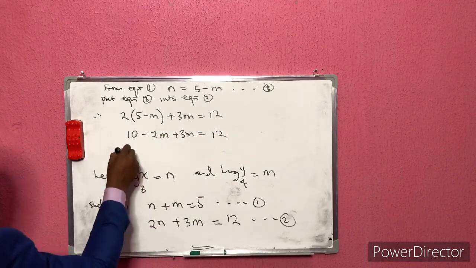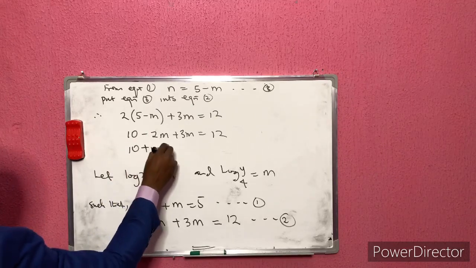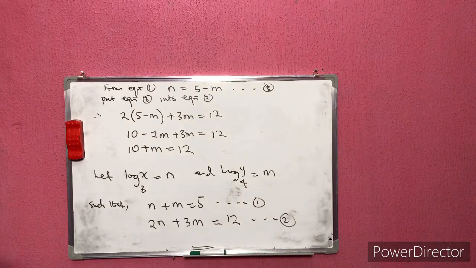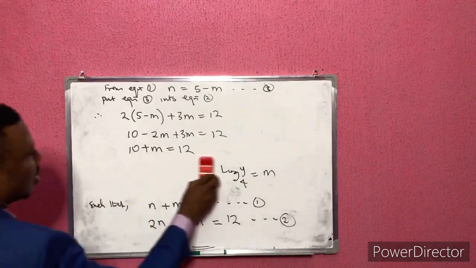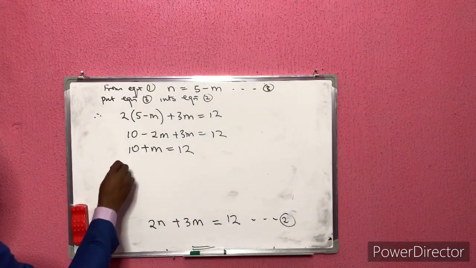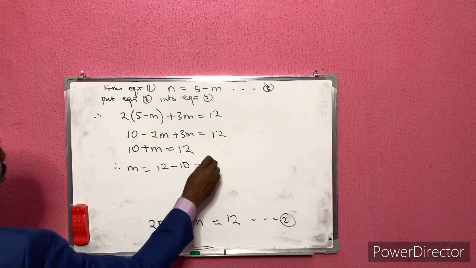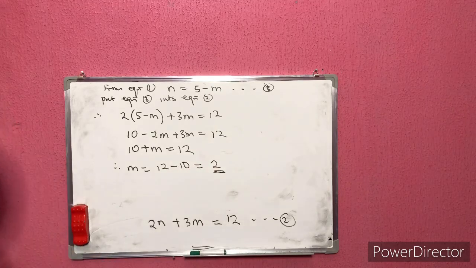They give you 10. Minus 2m plus 3m gives you m, equals 12. So therefore, m is 12 minus 10, which gives us 2. m is 2.